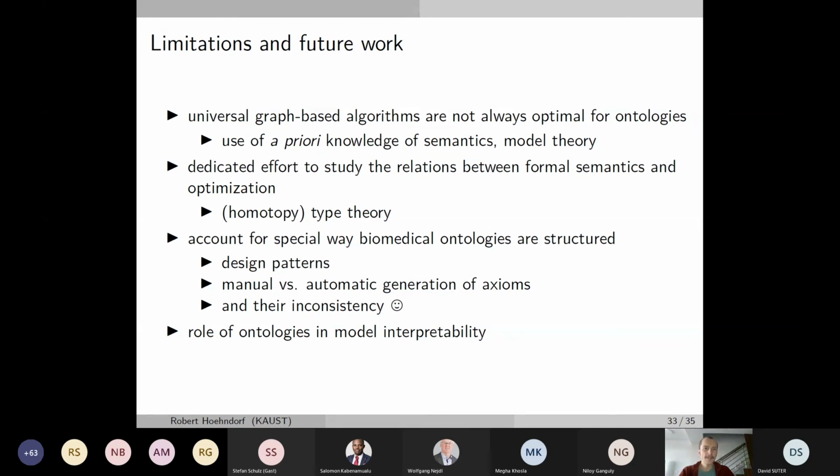Essentially, we need a more dedicated effort to study the relations between formal semantics and optimization, specifically in biomedicine. In my group, we work a bit on homotopy type theory as a way to represent this, but there are many other ways. The reason it needs to be specifically targeted to biomedicine is that biomedical ontologies are not structured like most of the ontologies or knowledge graphs that we find in general computer science applications. Not only are they mostly or very often inconsistent, but they have a number of other peculiarities.